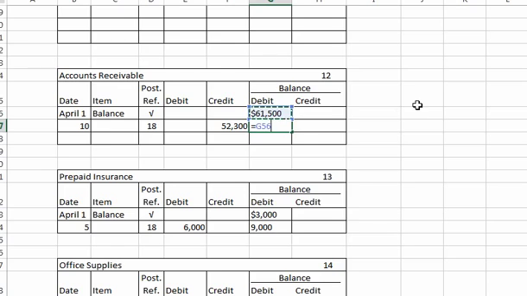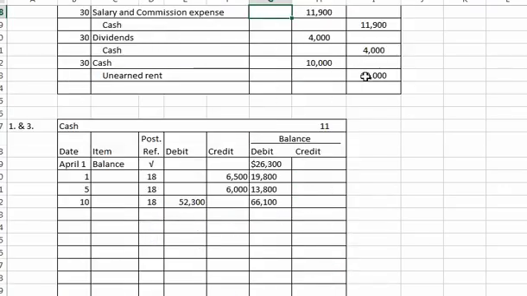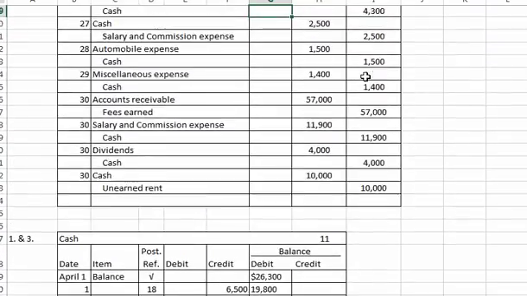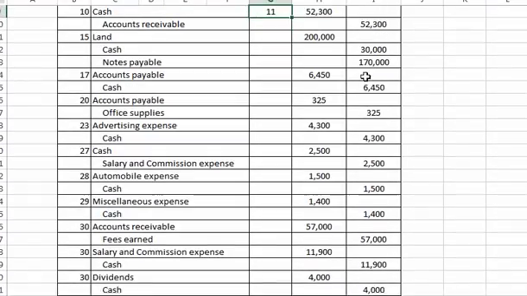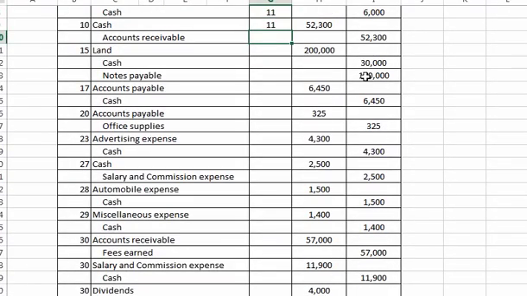That equals the 61,500 minus the 52,300. So it's a new debit balance of 9,200. Accounts receivable is account number 12. So we come back in the posting reference column of the journal, and we'll put in the account number from the ledger, which was 12.